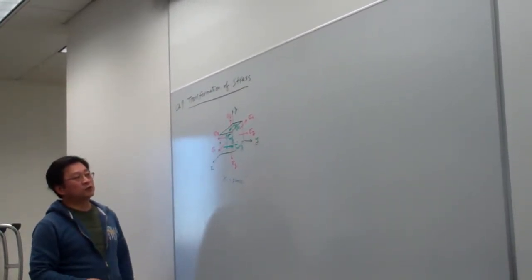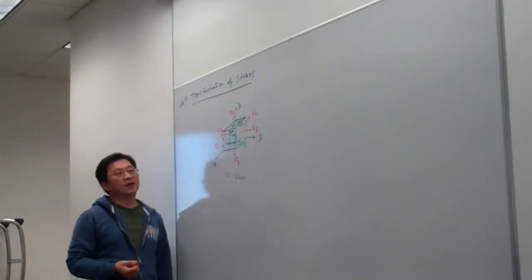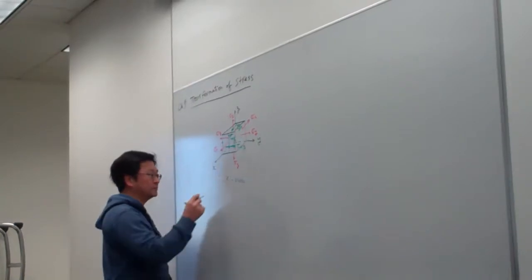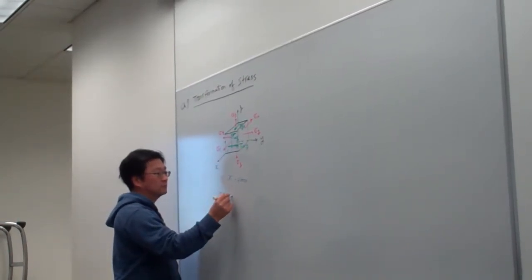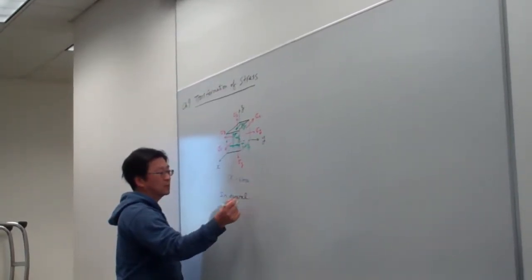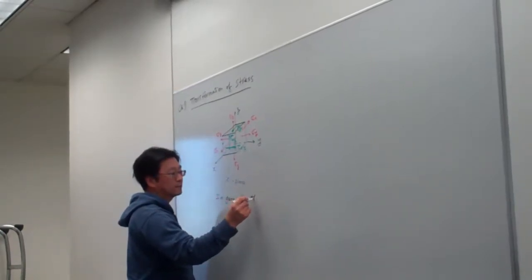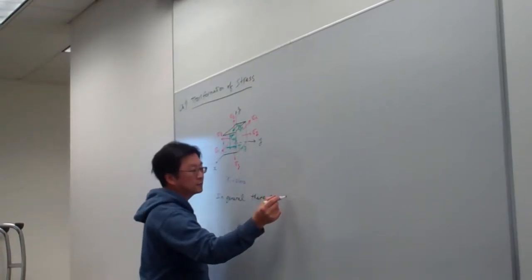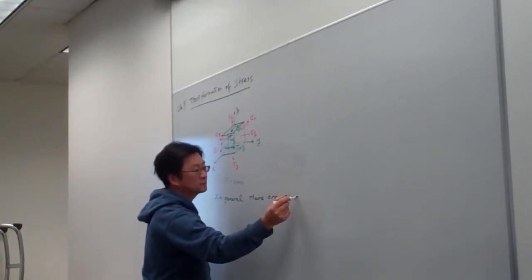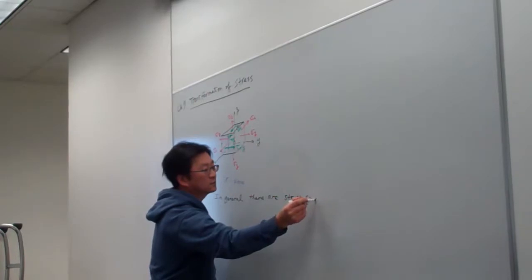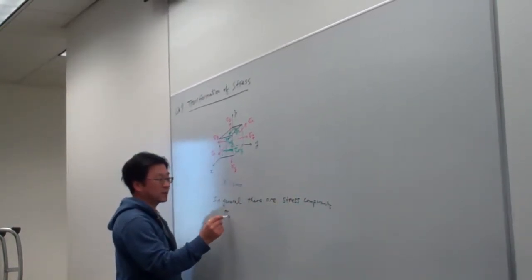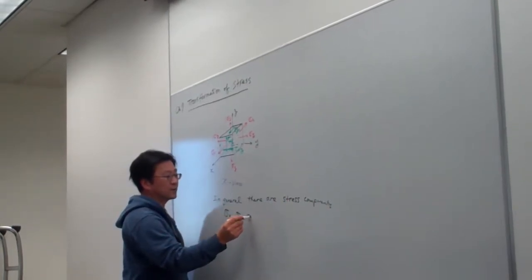So in total, we should expect the 9 stress components. So in general, there are 9 stress components. For the normal stress, sigma x, sigma y, sigma z.